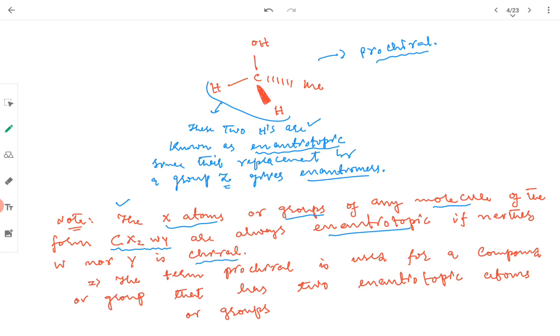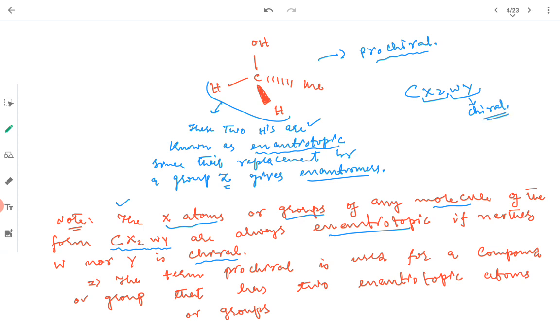So you have to bear this in mind: in a compound of this type, CX2WY, these two X atoms are always enantiotopic if neither W nor Y are themselves chiral. If they are chiral, then we will use a different term there.